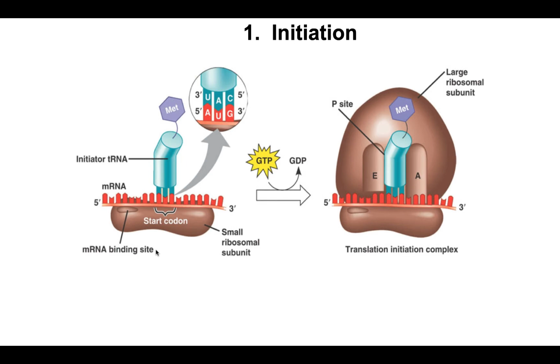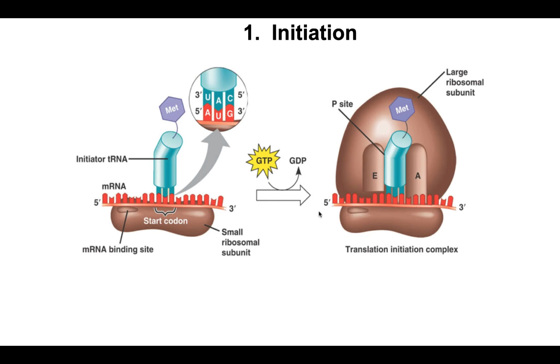So the way this starts is the small subunit binds the messenger RNA such that it scans starting from the 5' end until it reaches the first AUG in any of the three reading frames. At that point, that's where our initiator tRNA, right? It's carrying methionine. Therefore, we know that its anticodon recognizes an AUG codon within the messenger RNA.